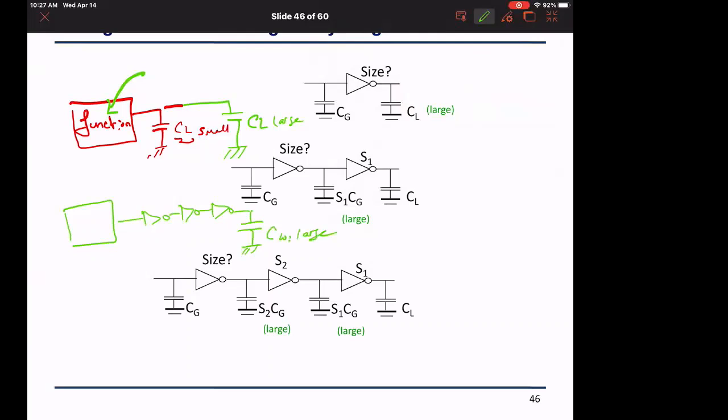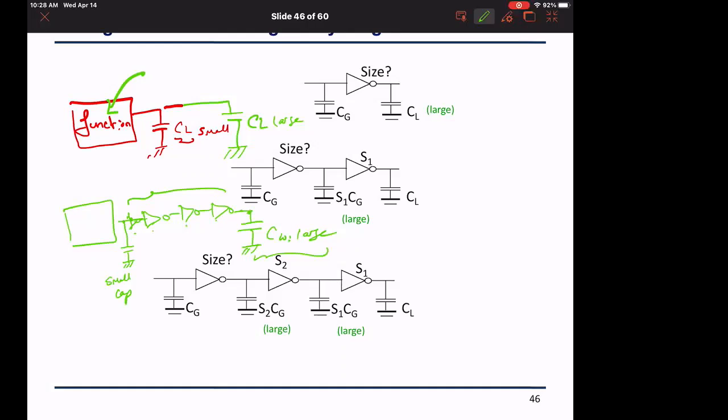We design the buffers, and of course the buffer must have an even number of inverters, such that the first buffer interfacing my function has a small capacitance, and then I size the transistors such that the whole chain of inverters can handle the large capacitor with minimal delay.